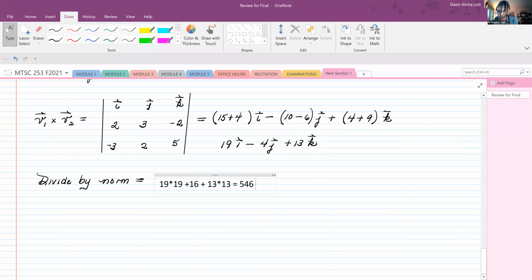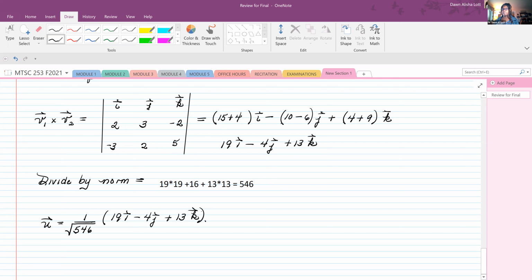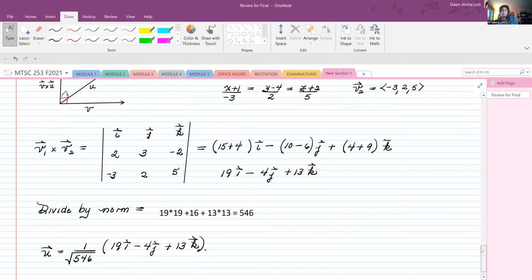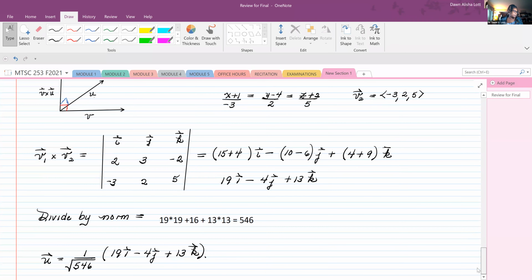So therefore your vector that you want is 1 over the square root of 546, times 19i minus 4j plus 13k. And that's it.